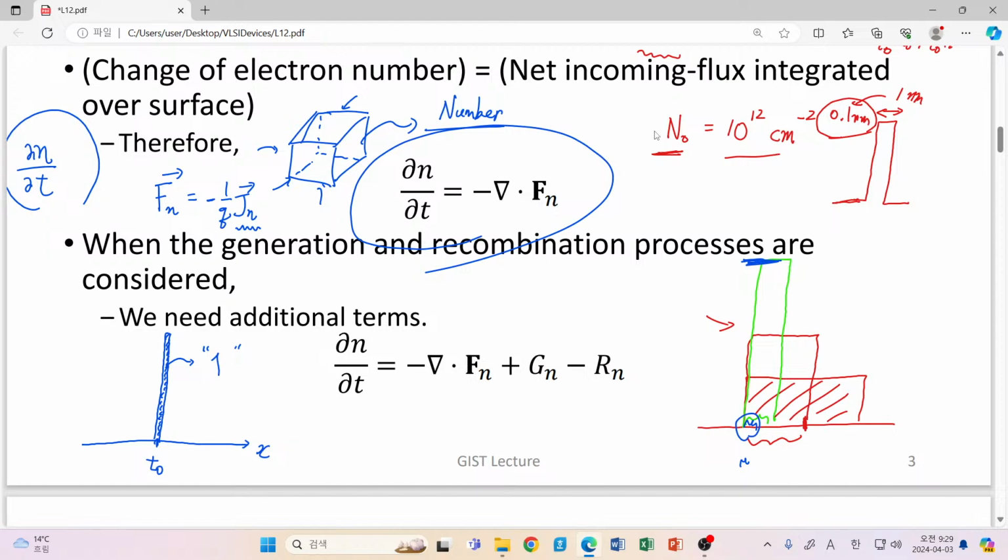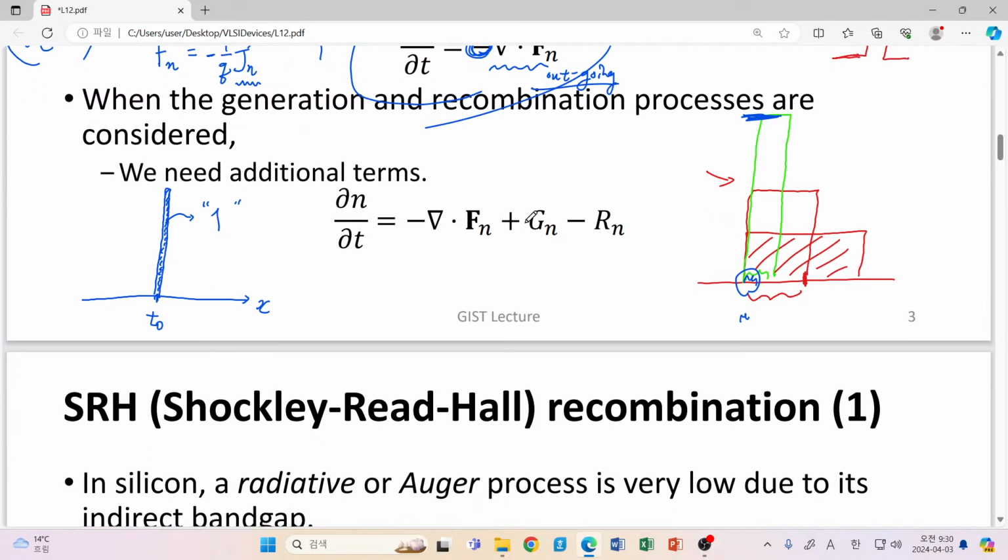So I explain once again. Here the minus sign is introduced because this is the divergence of a certain particle flux. So it is outgoing or escaping flux. The reason why we introduce a negative sign is we want to convert it into incoming flux. And at the end of our previous lecture, we need additional terms.